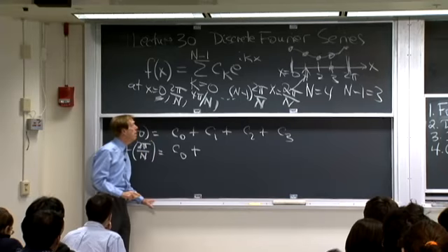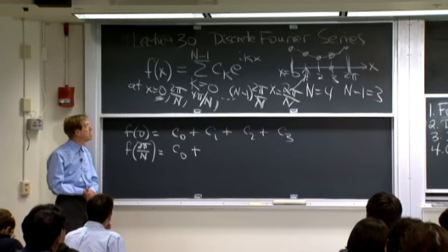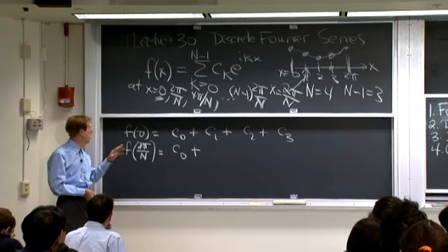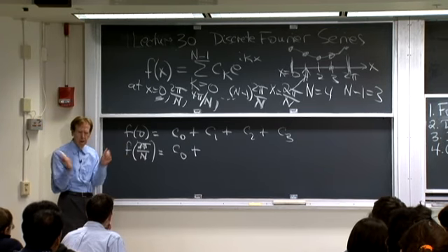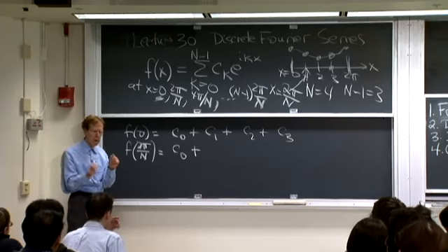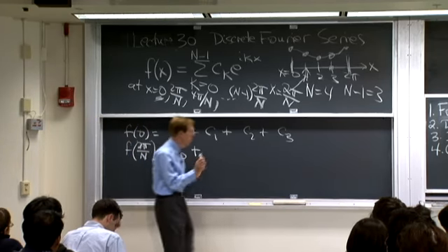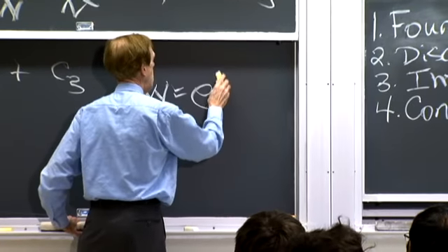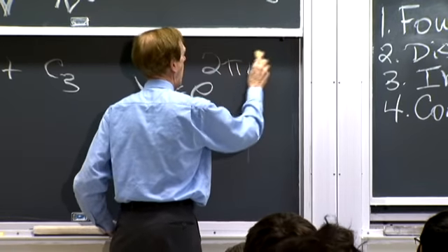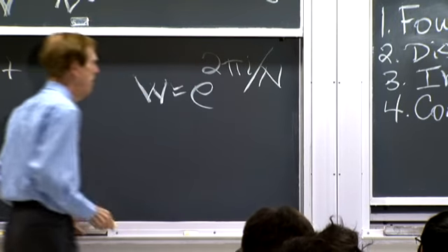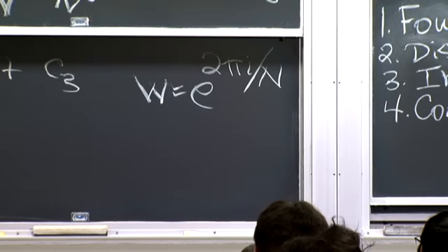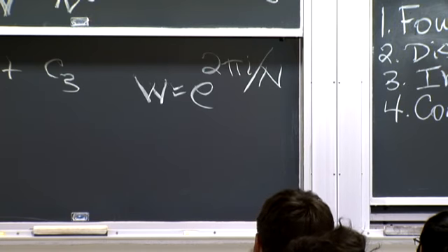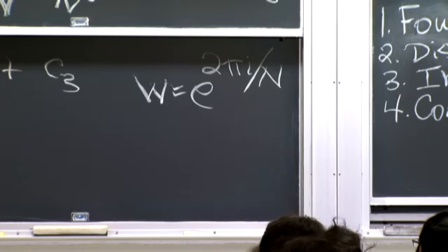Now here's the key. What is that business there at x equal 2 pi over n? Here comes the important number in this whole business. I'll call it w, it's e to the 2 pi i over n. That's a complex number, and we'll place it in the complex plane.